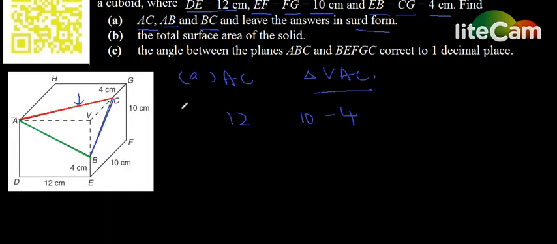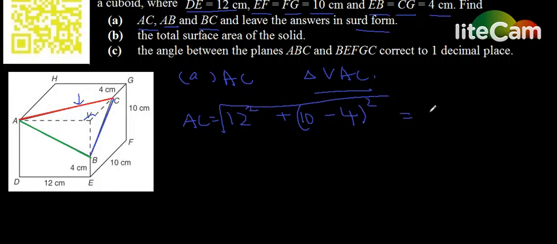Here we can use the Pythagoras theorem to calculate the answer because it is the cuboid, and here it is perpendicular and 90 degrees. So we can find the AC by Pythagoras theorem. It is 12 squared plus 10 minus 4 squared, and we take the square root.